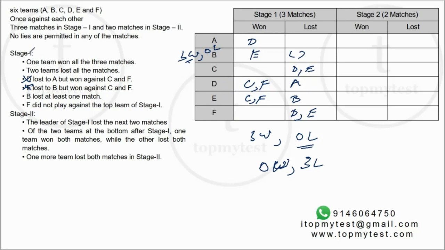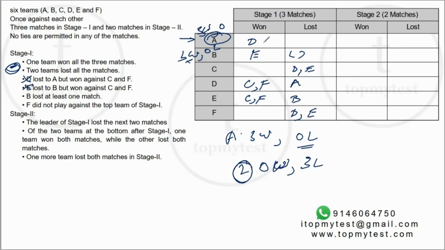So the only team which can win all the 3 matches in the first round would be A. This is the team which won 3, lost 0. So A is the team here. Okay, can we identify the team which lost all the 3 matches? There are 2 teams which lost all the 3 matches, right? Which means they will have 0 wins.